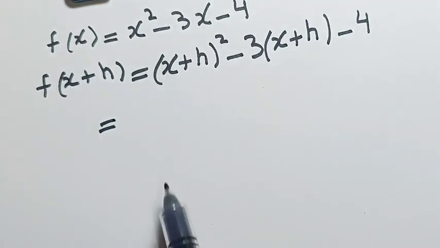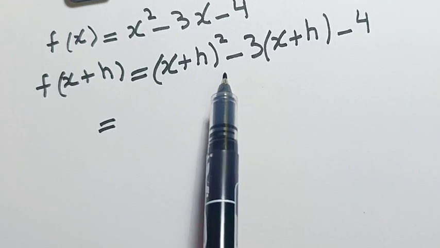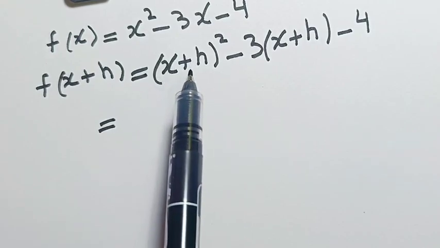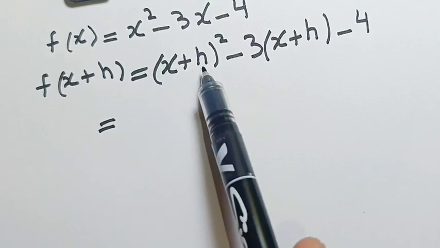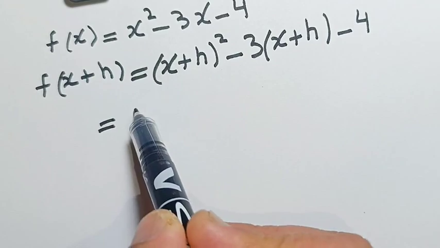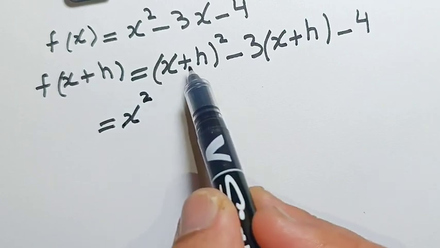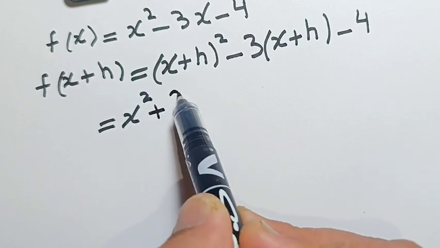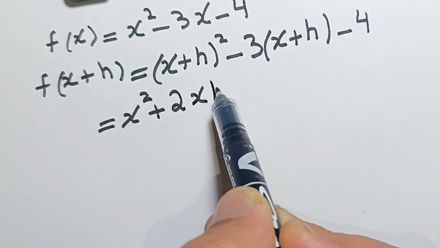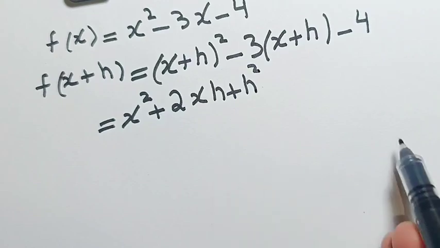You can also multiply x plus h, multiply x plus h, you can do that way, or you can apply the perfect square formula. I would like to do the perfect square formula, you must remember. So the x power 2 will become x power 2, and 2xh from the formula, and plus h square. I apply this formula now.